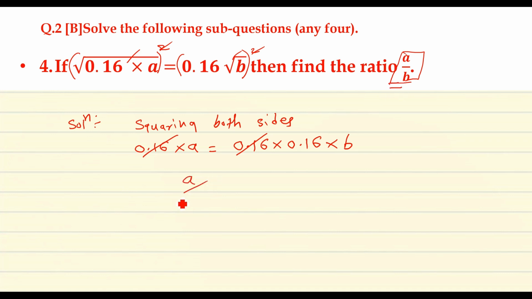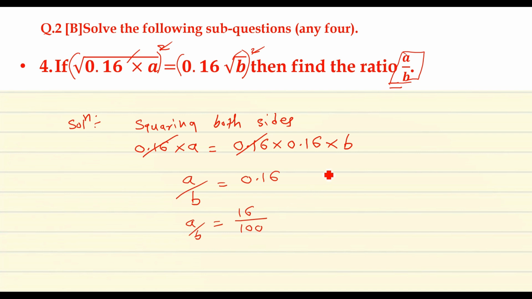So A itself on the left, you will bring B from right to left, so it is a multiplication sign here, it becomes a division, and we have 0.16. But A by B, this decimal can be converted into 16 by 100. But here we got the ratio, but we require the ratio in the simpler form.